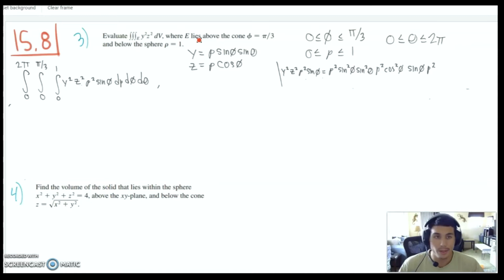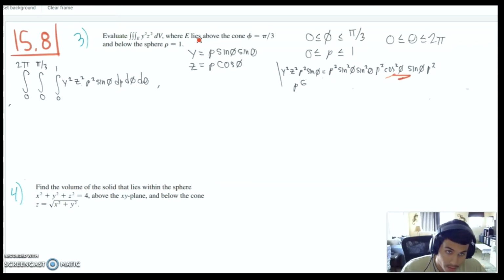That's our spherical integrand. We converted Cartesian into spherical, and we also had to multiply the Jacobian, which is rho squared sine phi. So let's rewrite this a little bit nicer. Squared, squared, squared, that's where I get the 6 from.